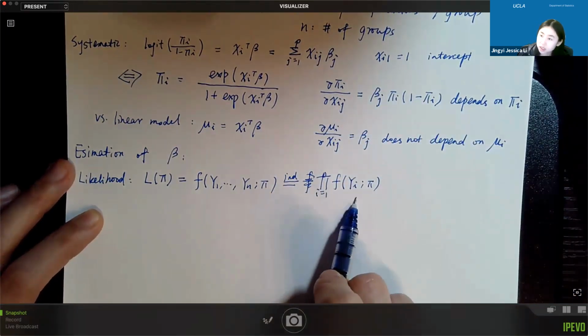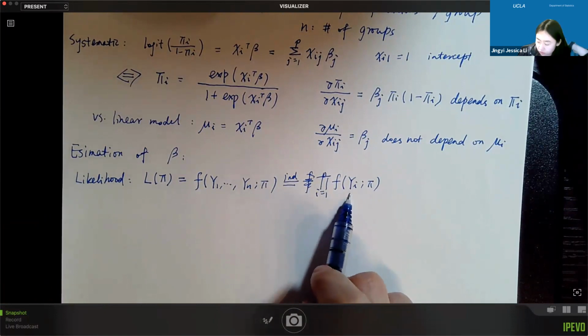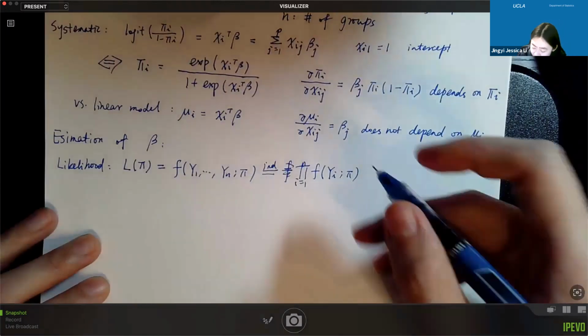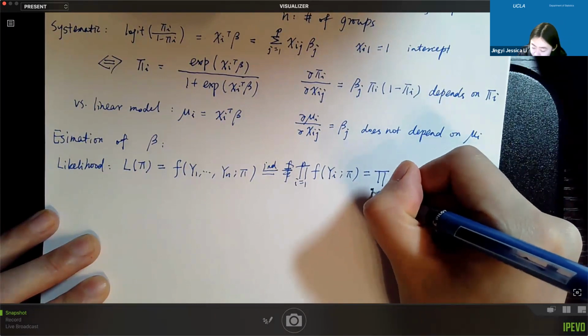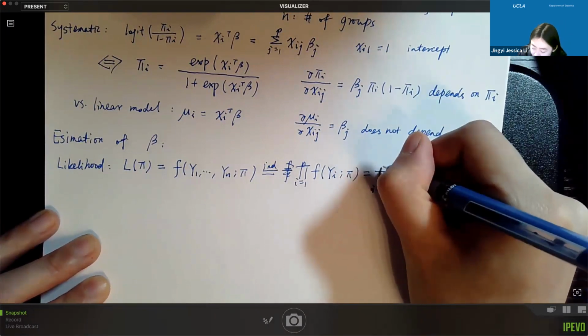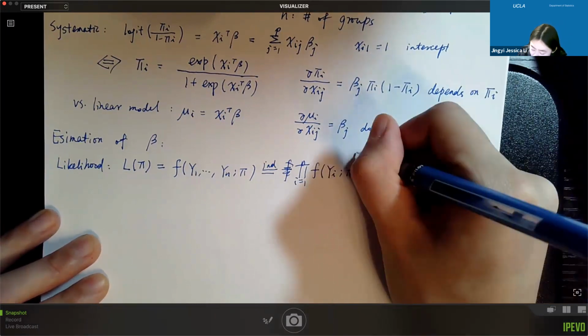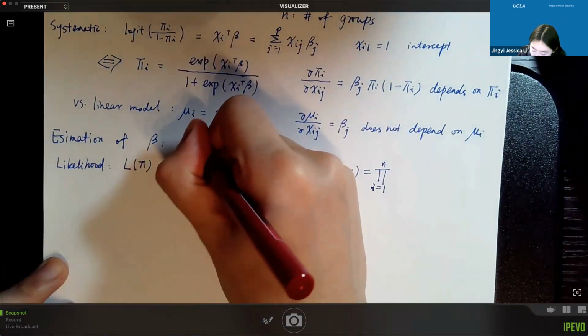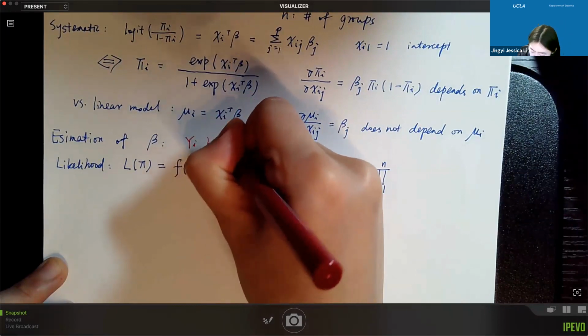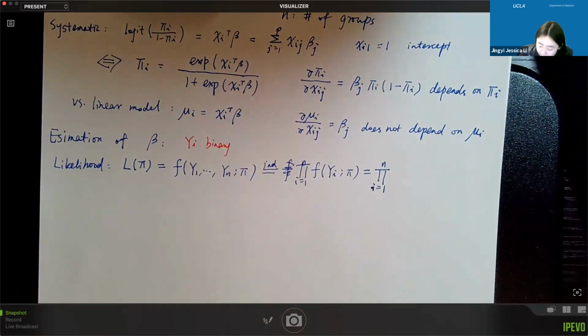And this marginal density, or probability mass function, more precisely, because yi is 0 or 1, just two values, will be based on the Bernoulli distribution. Let's just use the Bernoulli for binary data first. That's simpler. So I'm going to say that this is for yi binary. I'm not writing the form for group data.